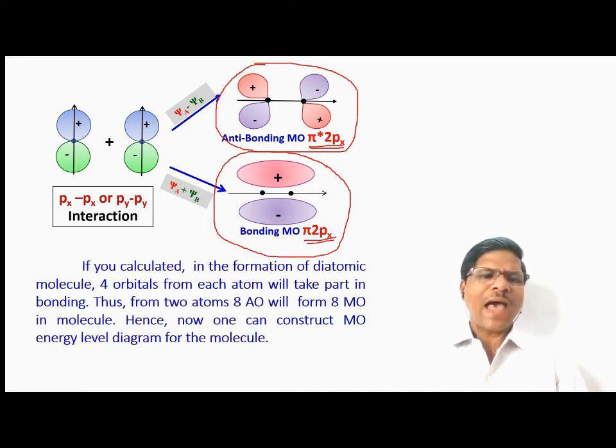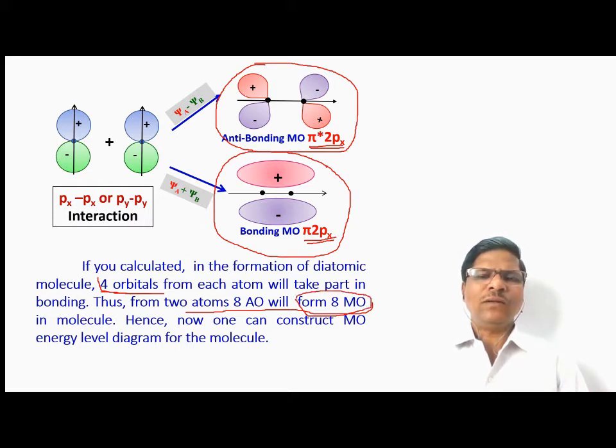Okay, so another characteristic, if you calculate, on each atom there are 4 orbitals, the 2s and three 2p orbitals. So 4 orbitals, and 2 atoms are there in a molecule. So totally 8 atomic orbitals. So these 8 atomic orbitals will form 8 molecular orbitals.